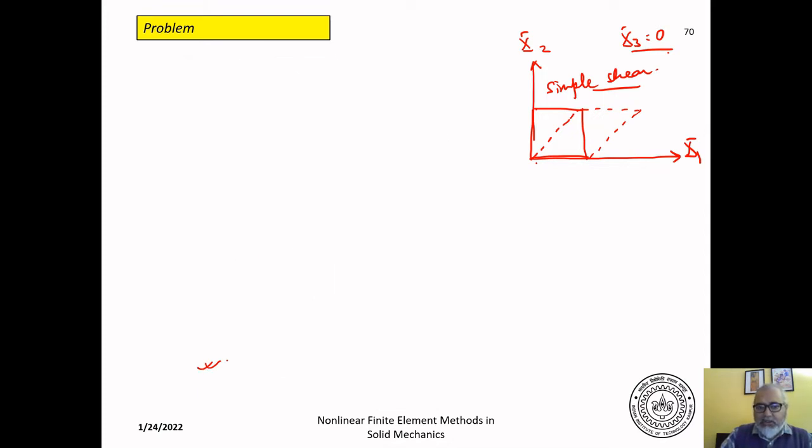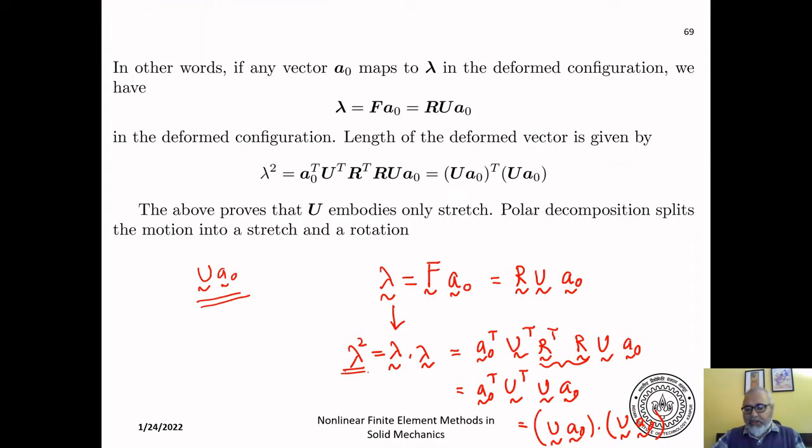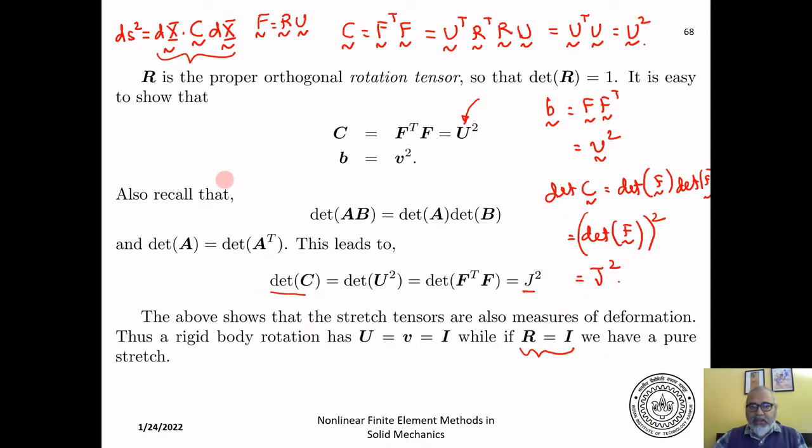Because we know that capital U squared is equal to C. So if we get C, we can quickly get U squared.